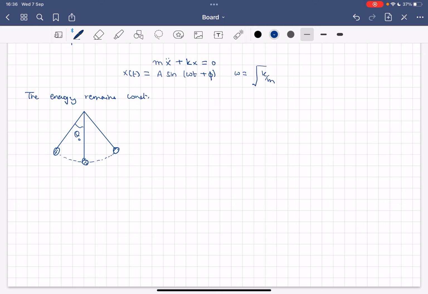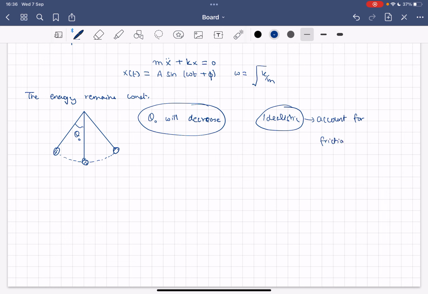But that's not quite the realistic case, because over time your theta naught will decrease. One more thing about this model is that it is quite an idealistic model which does not account for things like friction or drag.